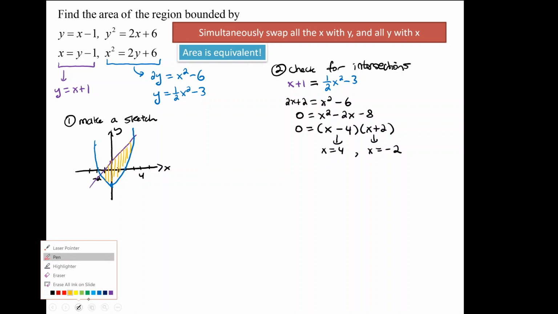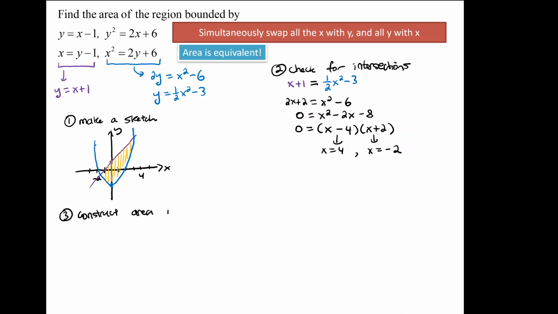Okay, step 3. Construct the area integral. We only need one integral this time. There's only one region.